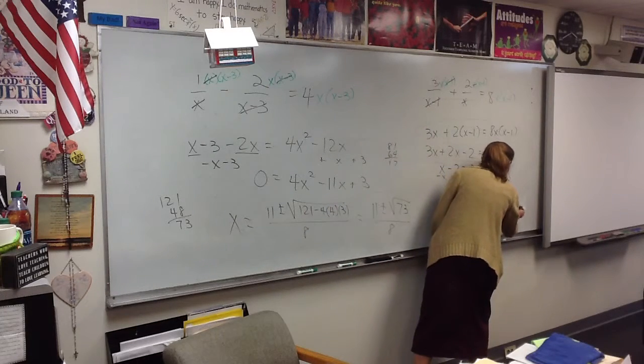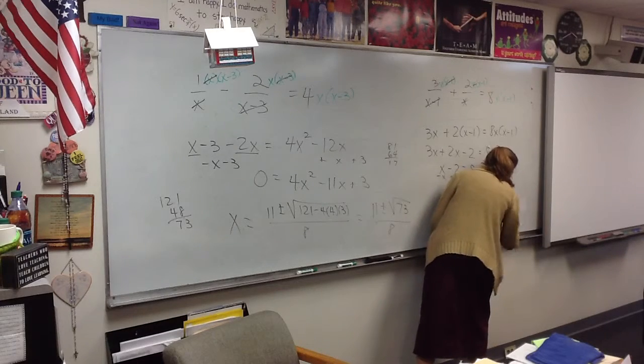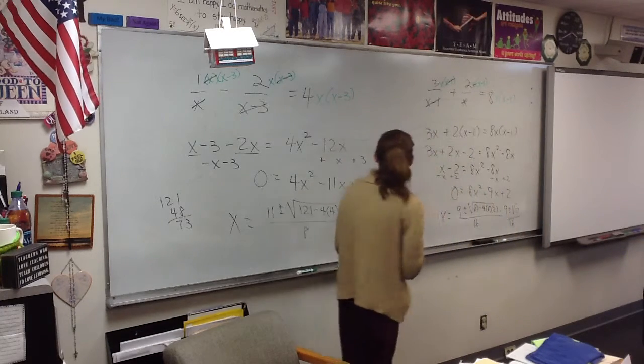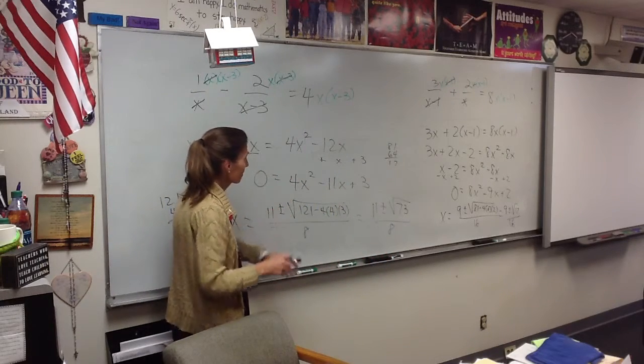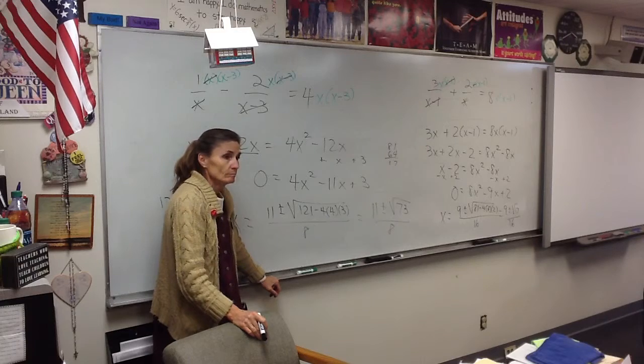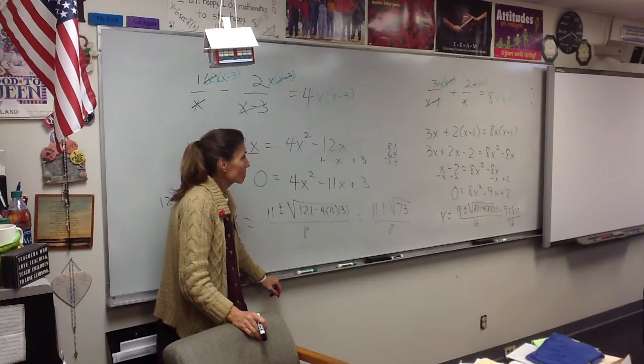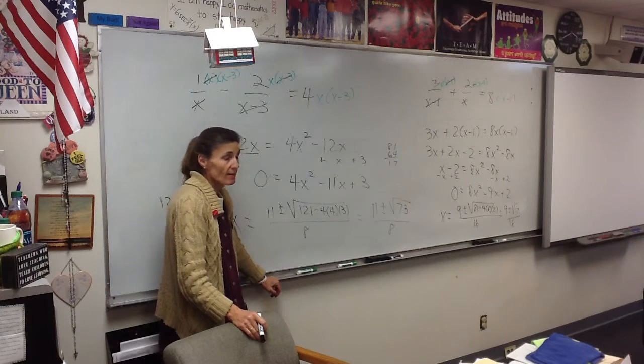So 9 plus or minus root 17 over 16. Check my arithmetic. I think that's right. Yeah, that's right. I got mixed up when I was trying to transfer them to one side. But you definitely need to do that, because you gotta have a 0.